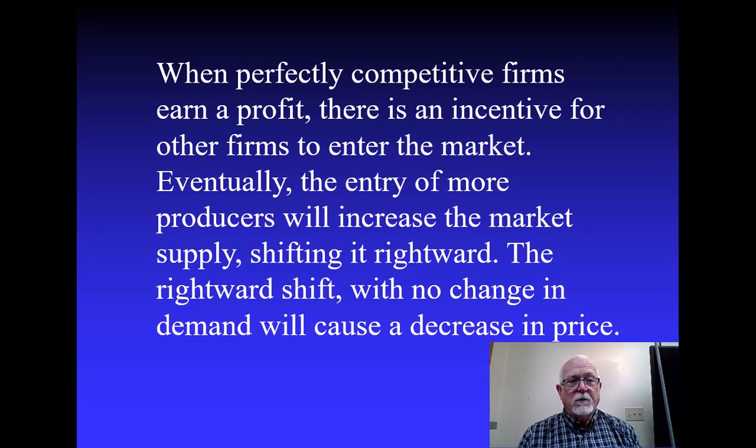Then we could just sum all those supply curves together to get the market supply curve. So let's think about what's going on here now in the short run and the long run. If the typical or representative firm is earning an economic profit, then that says that they're earning greater profits than what they could otherwise in other industries.